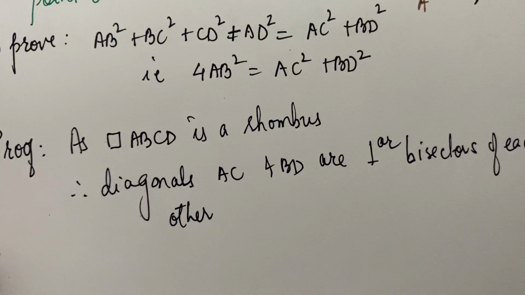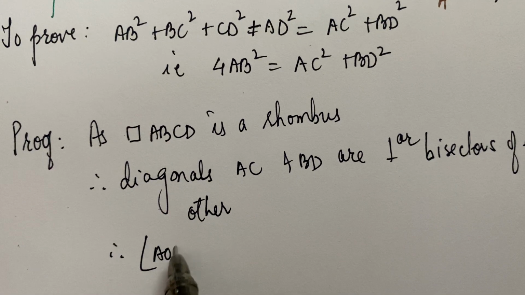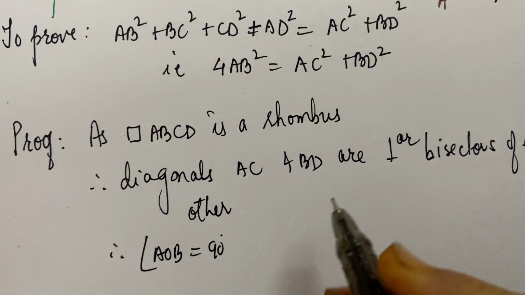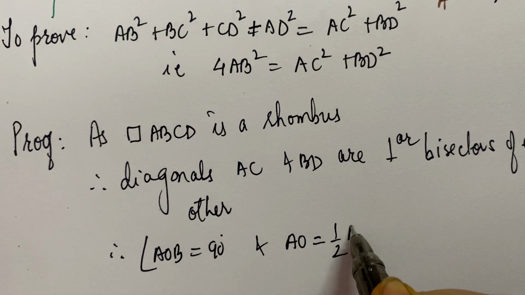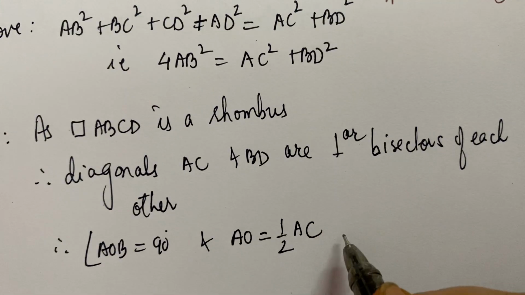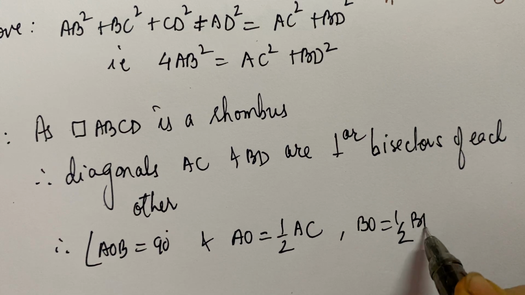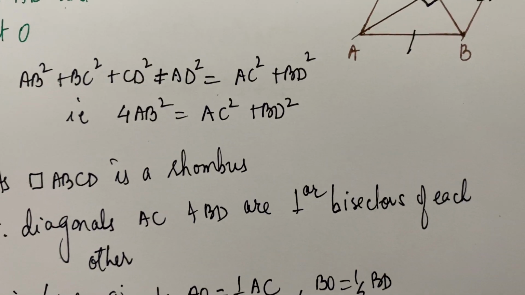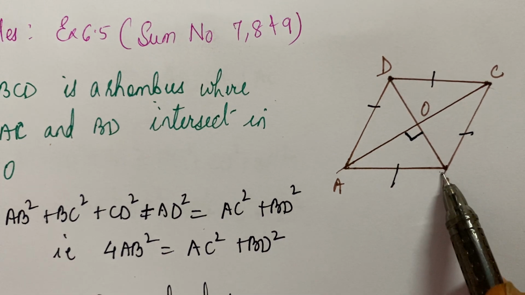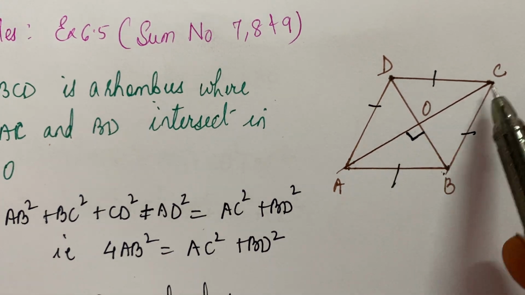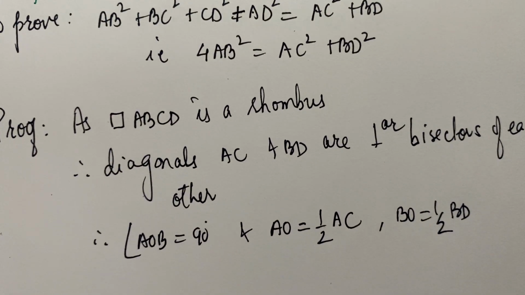Now if they are perpendicular bisectors of each other, therefore angle AOB is equal to 90 degrees, and AO is half of AC and BO is half of BD. Bisecting means dividing into 2 equal parts, so this BO will be half of BD and this AO will be half of AC.